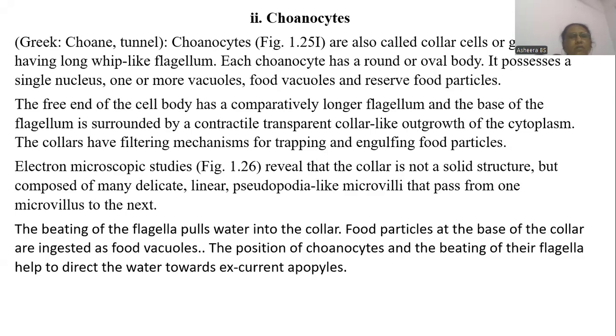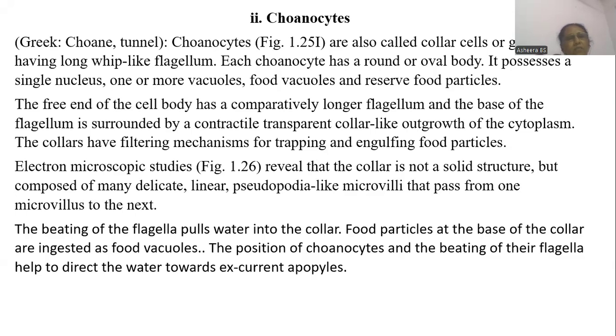So like this it can be seen, and the flagella are there. The flagella of the choanocyte help in pulling water into the collar, and the food particles along with the water enter the food vacuole.